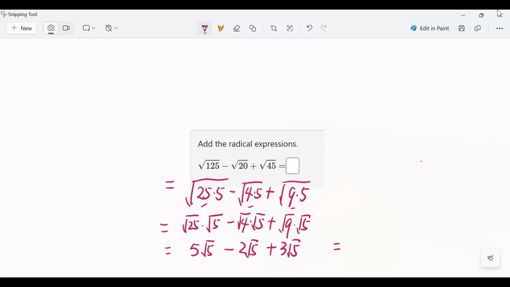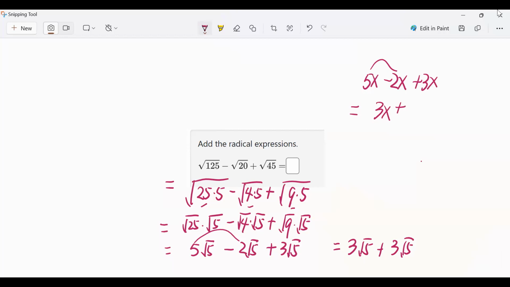So you basically can just combine the coefficients. 5 minus 2 is 3 radical 5, adding 3 radical 5. It's just like 5x minus 2x plus 3x. So combine the coefficients, 3x and 3x make 6x. It works the same way here. So 6 radical 5.